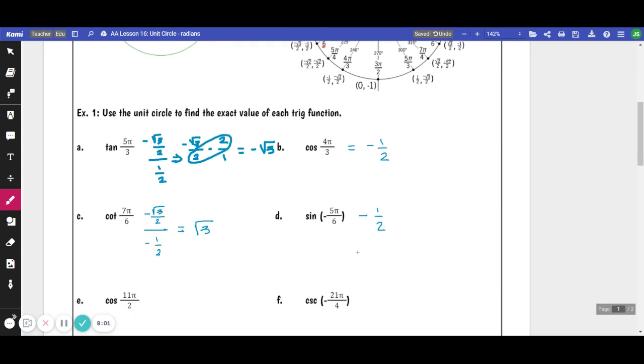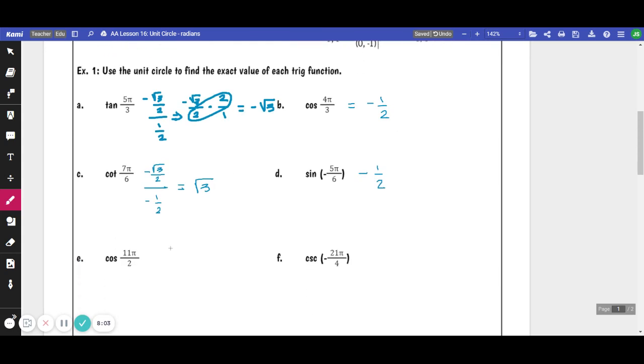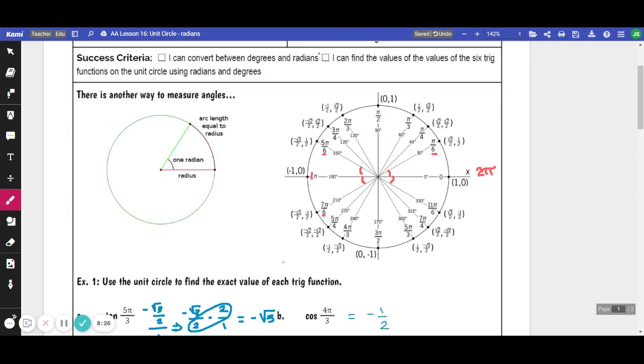Okay, so the last two of these are if you go around more than 2 times. So 11/2 is not on the unit circle. That is nowhere on there. So I'm going to change 11/2. 2 goes into 11 5 times, and there's 1 left over. So 11/2 is 5.5. So where is 5.5 on here?